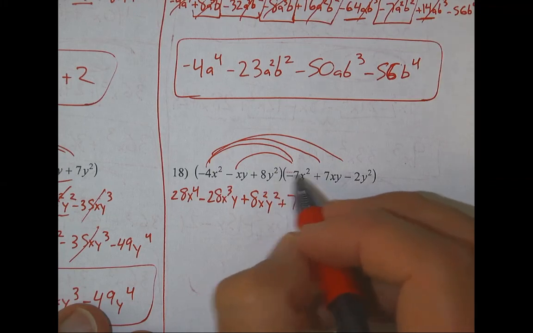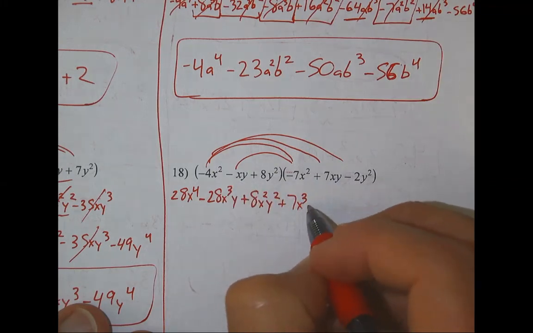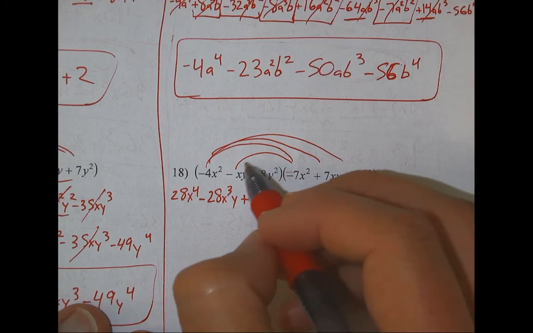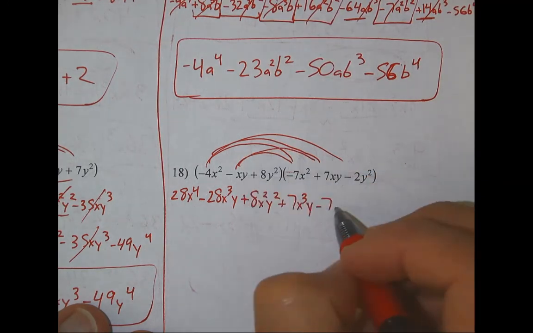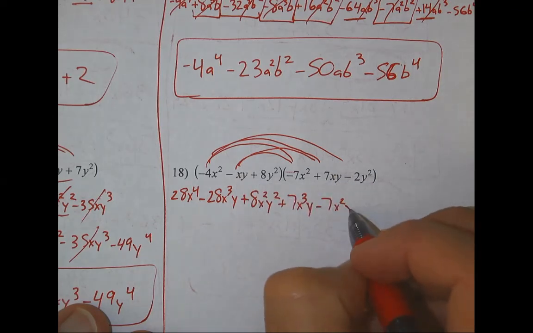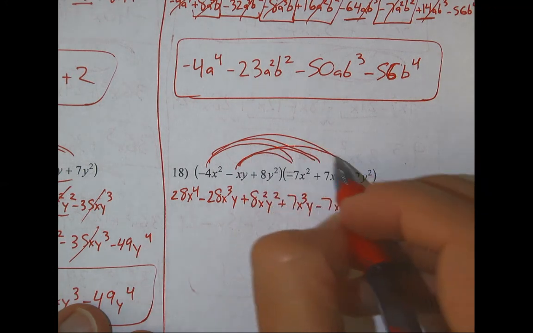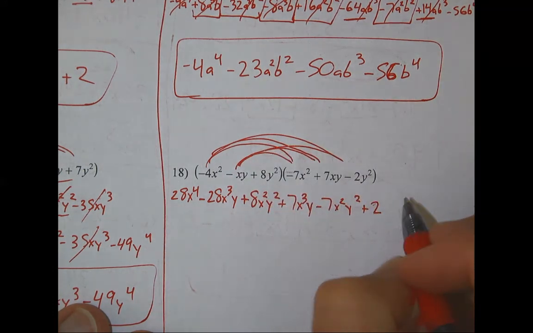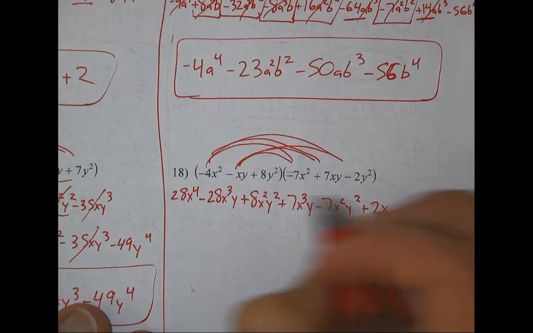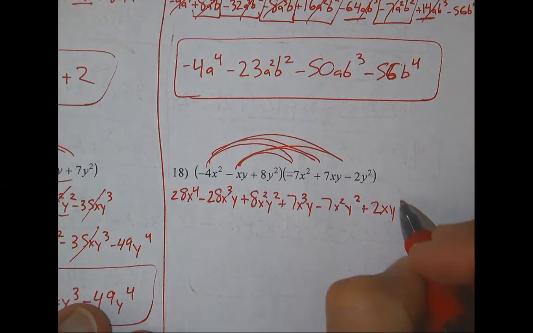Positive 7. X squared and x is x to the third. Y tags along. This would be negative 7. X times x, x squared. Y times y, y squared. This would be positive 2. X stays. Y times y squared is y to the third.